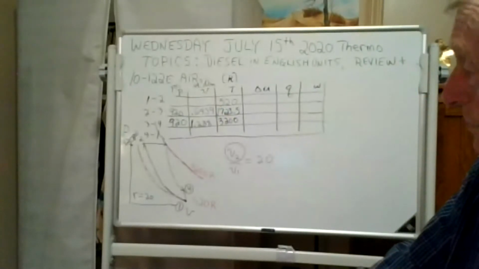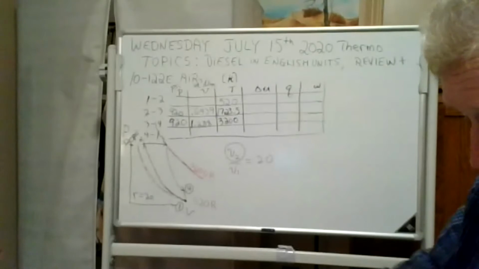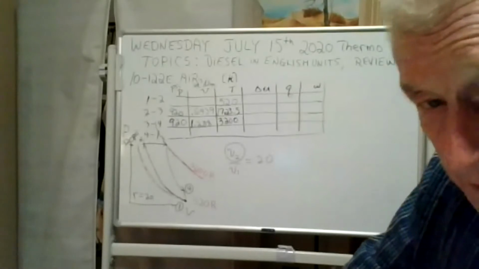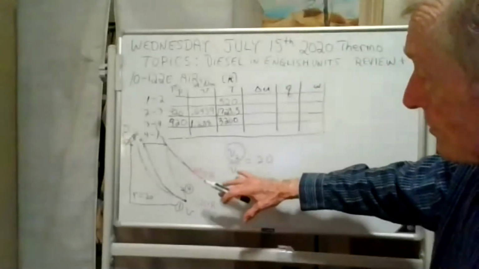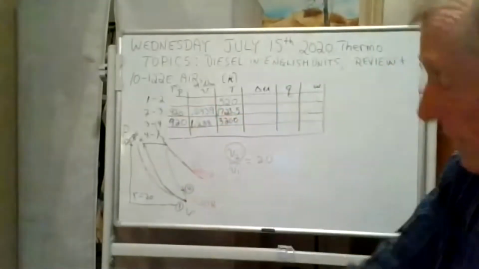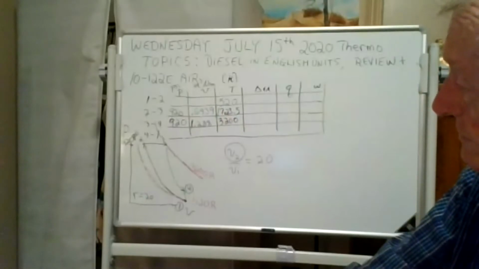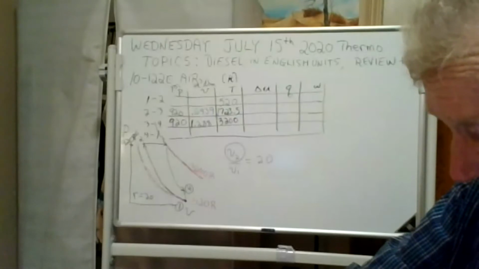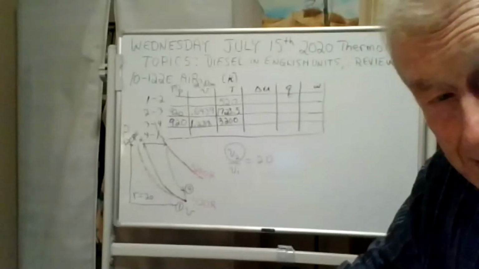Go for it. V1. I'm going to do it. I want you to do it. And I will pick on my friend Parker. Parker, can you get V1 for me? Is it 0.035? Yeah, that's pretty good. I like 3 digits, Parker.